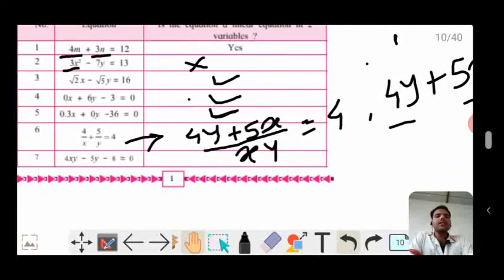Likewise, here also there is the term 4xy, so we can say this equation is also not a linear equation in two variables.